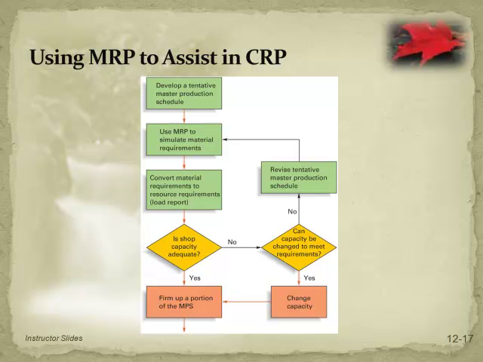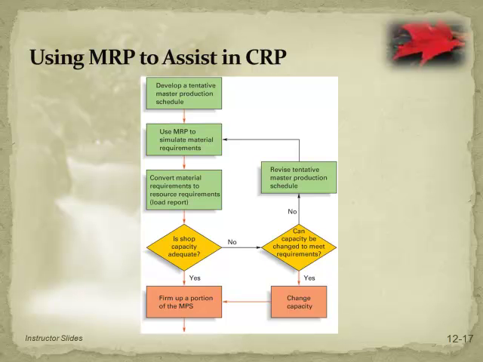We need to take the MRP plan, and the third green box shows converting the material requirements to resource requirements. If we need to produce a certain quantity of a particular material on a certain date, we need to know what machine is required to produce that quantity, and how many machine hours are required to produce one unit.